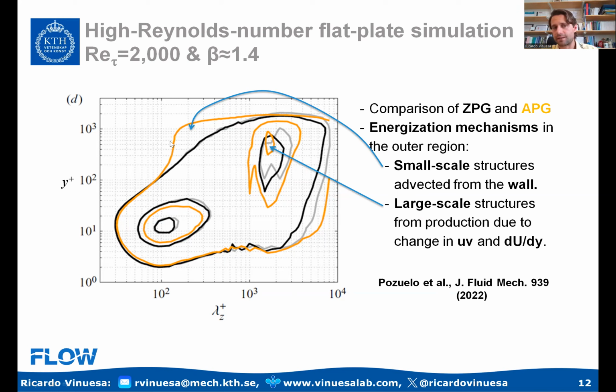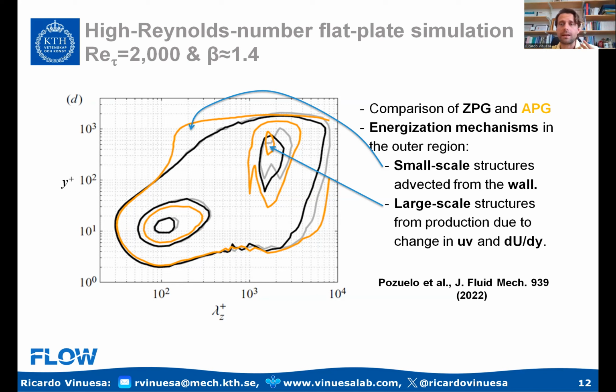The first one is this kind of shoulder that you can see here. This is a small scale energy in the outer region, which basically comes from the wall-normal convection that I was talking about before. And the second difference is the outer spectral peak, which is also more intense in the case of the APG, again due to the different shear, which then produces a different production and different Reynolds stresses.